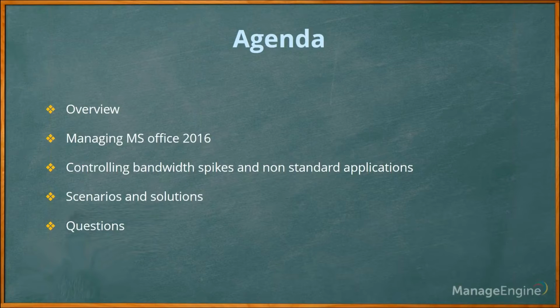So we are going to discuss how to apply the licenses for MS Office 2016 and manage them effectively, and how to uninstall a prohibited application when it becomes a major mishap or headache on the network, and how to avoid non-standard or unwanted applications being launched on the network.